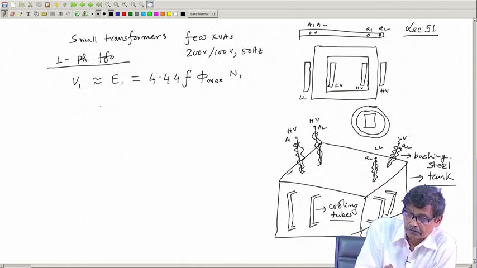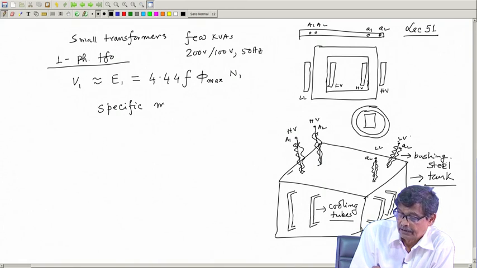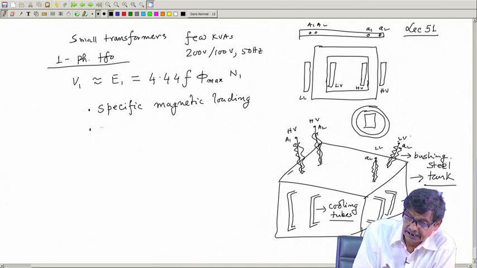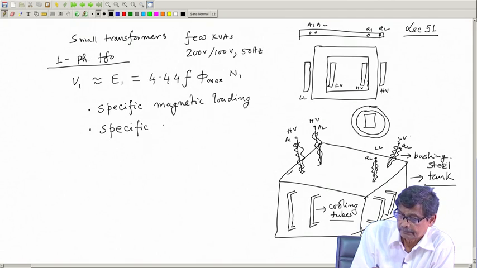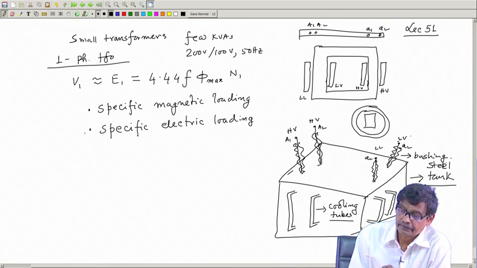One is called specific magnetic loading, and specific electric loading. We will try to understand these two first.